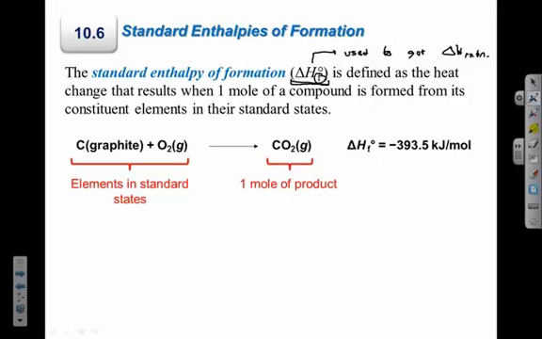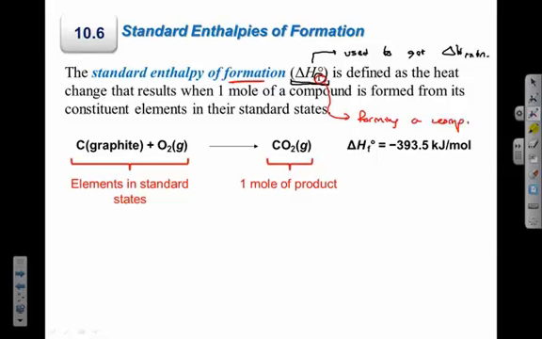Delta HF is an example of a delta H for a reaction. It's basically just the potential energy change for a reaction. The F refers to, though, specifically a specific reaction between elements to form a compound. So the F here is formation. So the F means we're forming a compound from the elements that make it up.